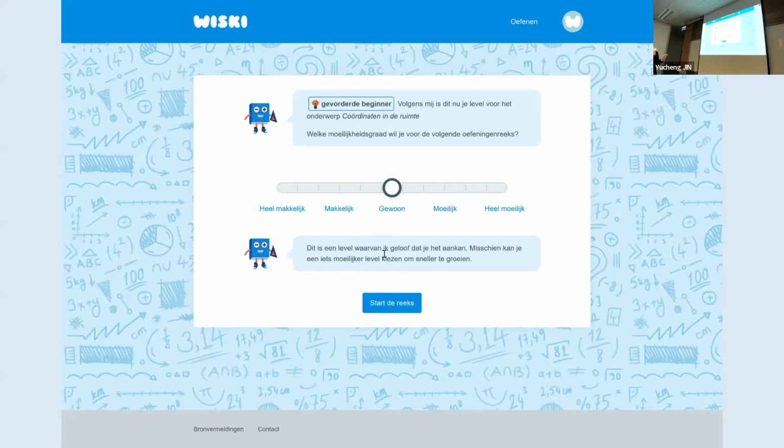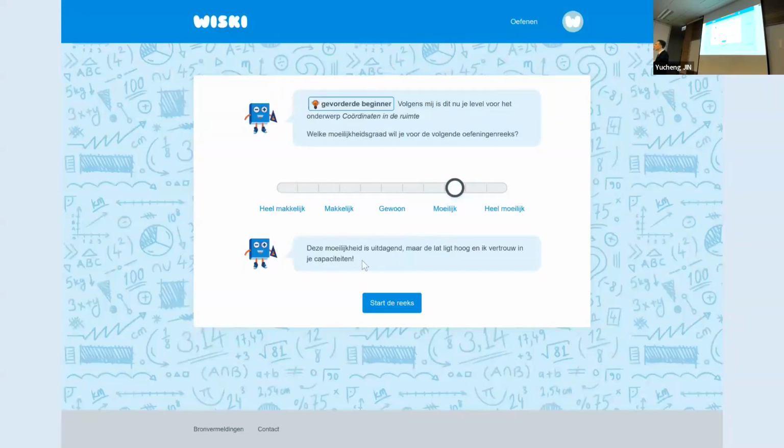And then we compared it with this interface, which is different. It's a textual interface. There is no visualization all of a sudden. Again, this is in Dutch, so it's hard for you. But what we wanted to do was, we also wanted to study the motivational aspects of an explanation. So not just, oh, I have better understanding, I trust it more, etc. But also, does it motivate me to make these exercises?